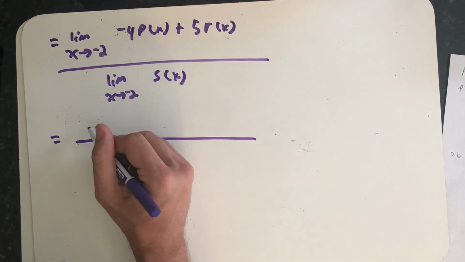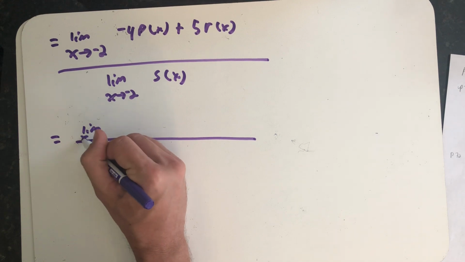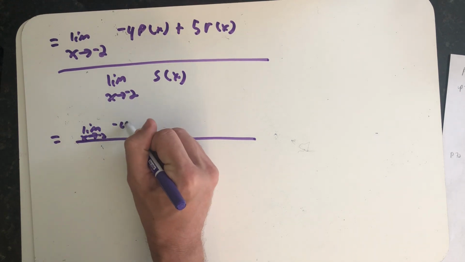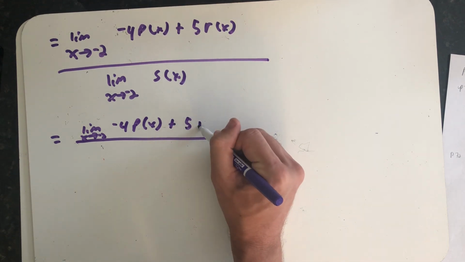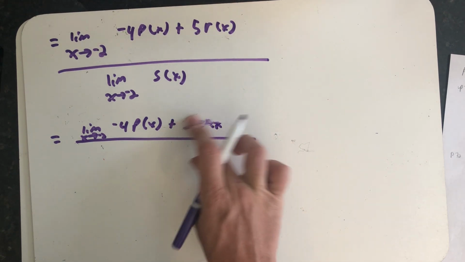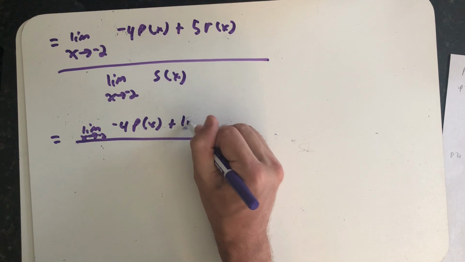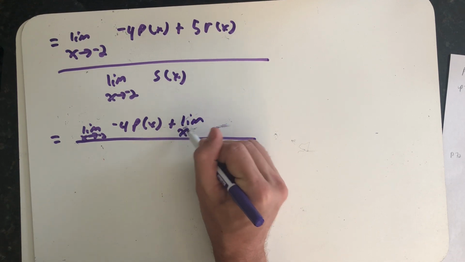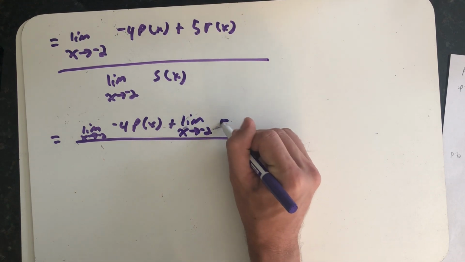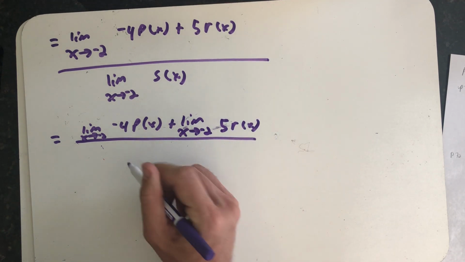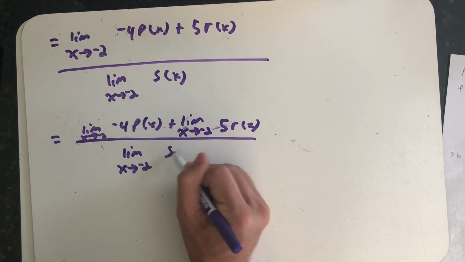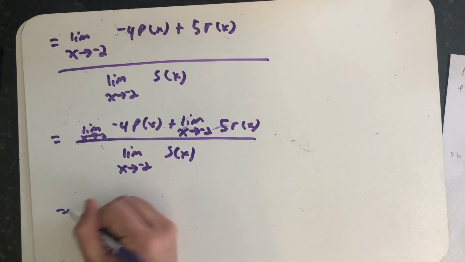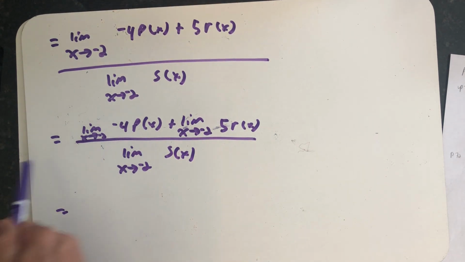I have a sum on the top, so I can rewrite that as the sum of two limits. Now, in this limit, I can pull out a minus 4.